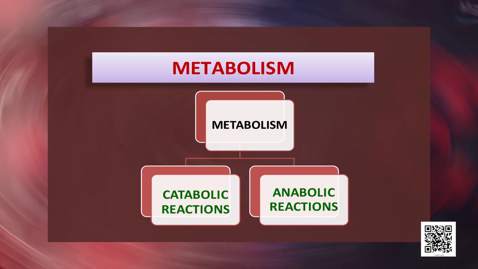All living organisms need energy to grow and reproduce, maintain their structure, and respond to their environments. Metabolism is a set of processes that make energy available for cellular processes. It includes catabolic as well as anabolic processes.